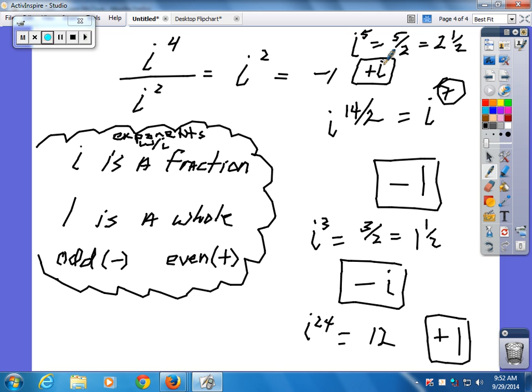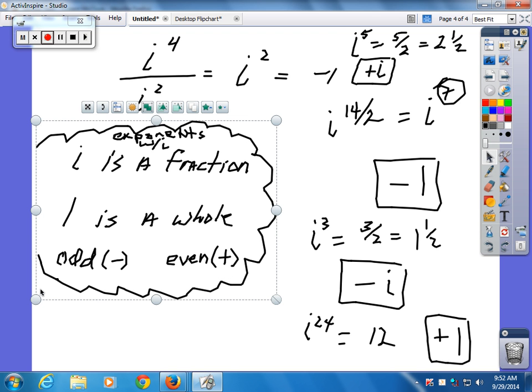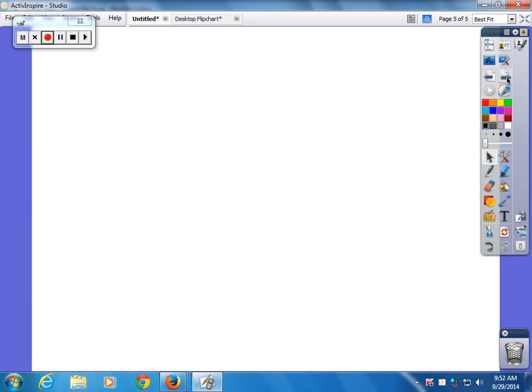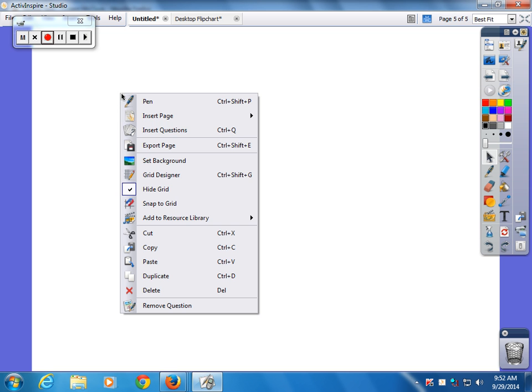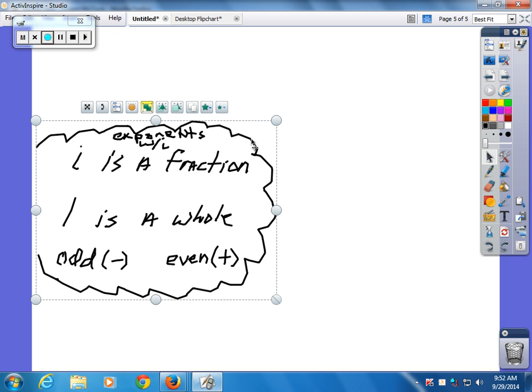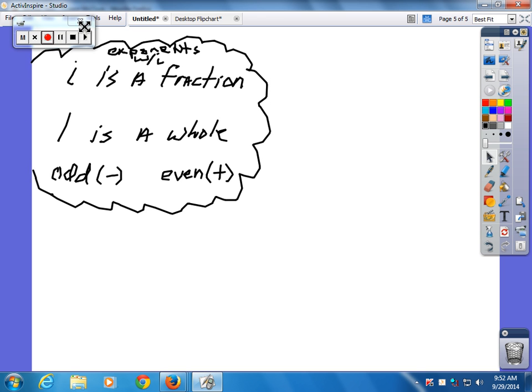And it's pretty simple. Now, when you have a negative, let's go ahead and talk about a negative. When you have a negative, you have to go with something else. Go with i to the negative 3.